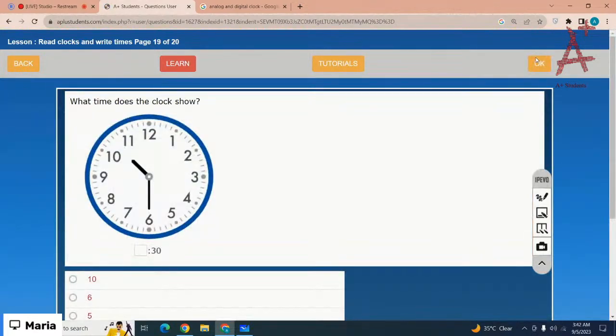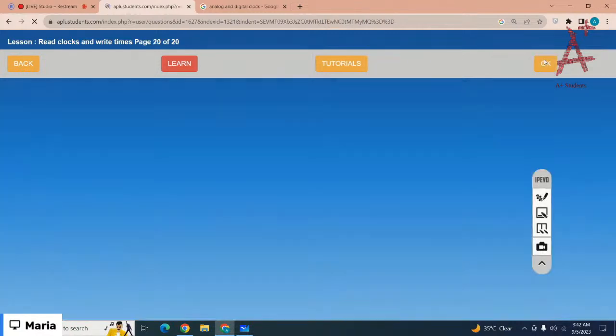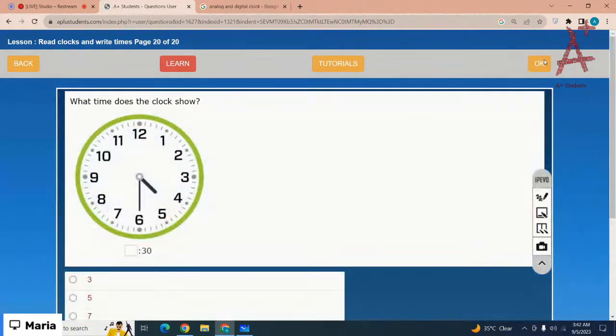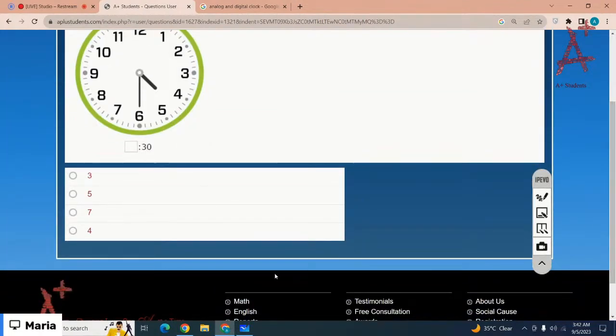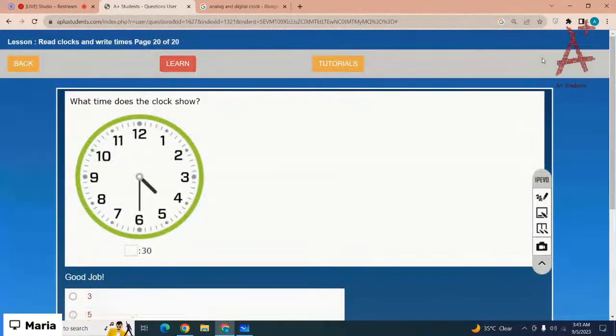What time does the clock show? It would be 10:30. What time does the clock show? Yes, that would be 4:30.